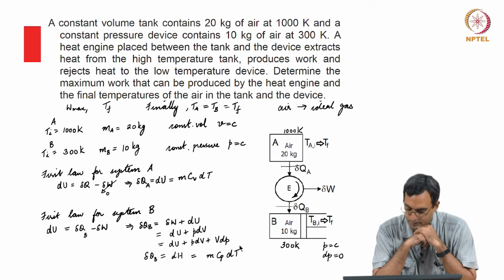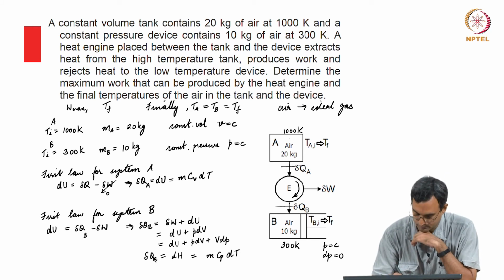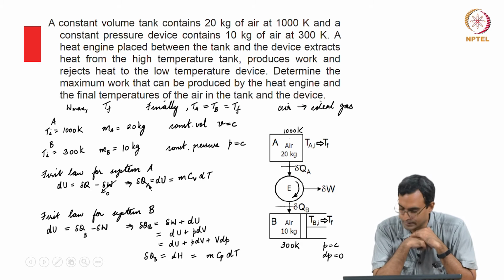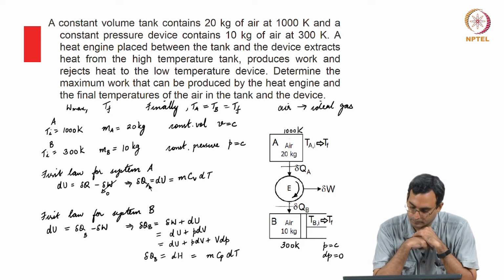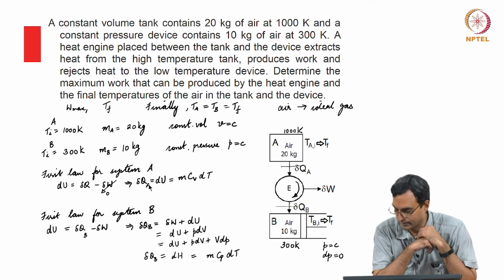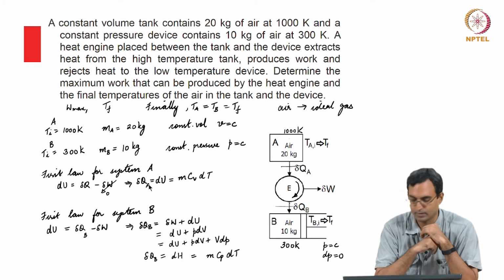So, I have an expression for del QA and del QB. What we are asked to find out is the maximum work that can be produced by the heat engine and the final temperatures of the air in the tank and the device. So, that is essentially what we are asked to find out.